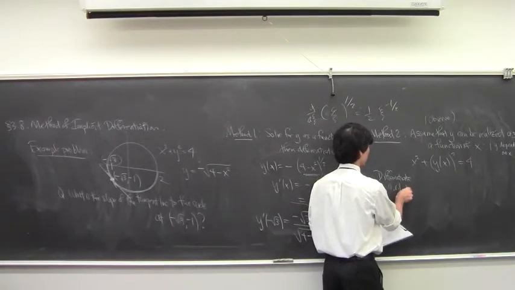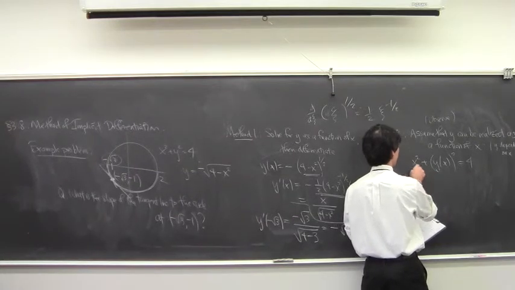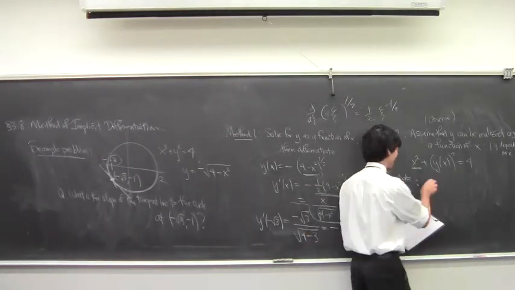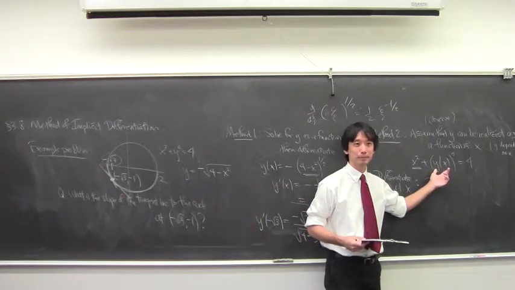Okay, and what do you get? Well, what's the derivative of x squared? It is 2x. What's the derivative of this part? Somebody just tell me.